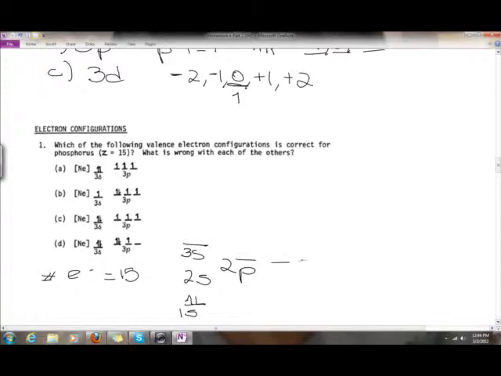This is 1, 2, 3 orbitals. 3p. And we'll stop on 3p because 1, 2, 3, 4. This is each electron, each arrow up and down. 5, 1, 2, 3, 4, 5, 6.